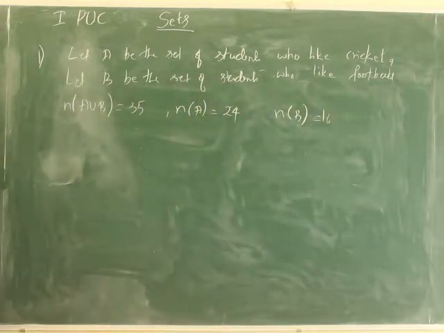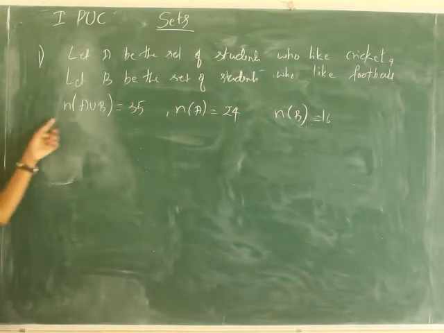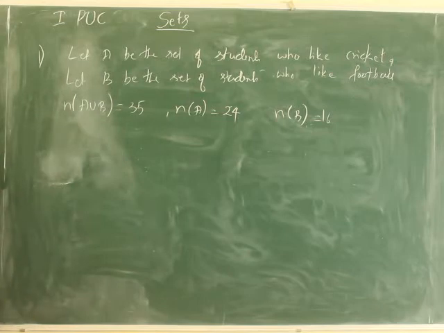Why are we taking A union B? Because each student likes to play at least one of the two games, so that 35 becomes the union.